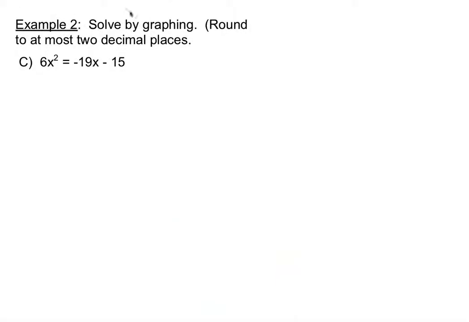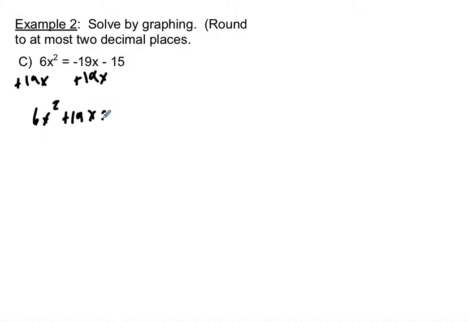All right, we've got one more of these to do. So let's go ahead and let's bring everything over on one side. So I have to add 19x, add 19x. So I get 6x squared plus 19x equals negative 15. I'm going to go ahead and bring 15 over.